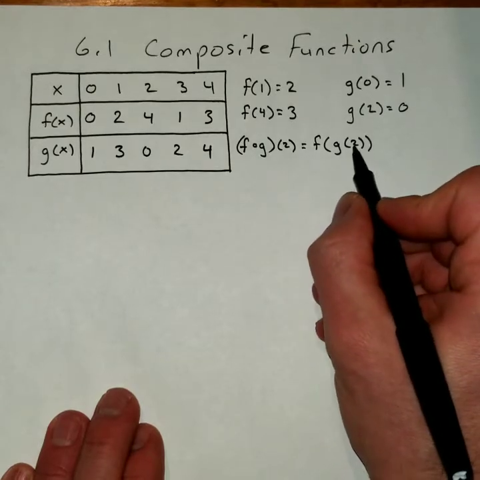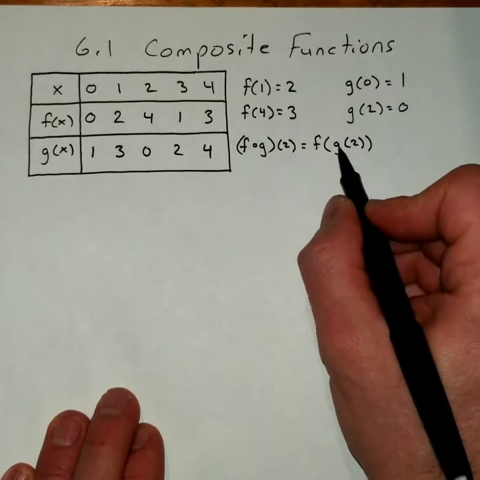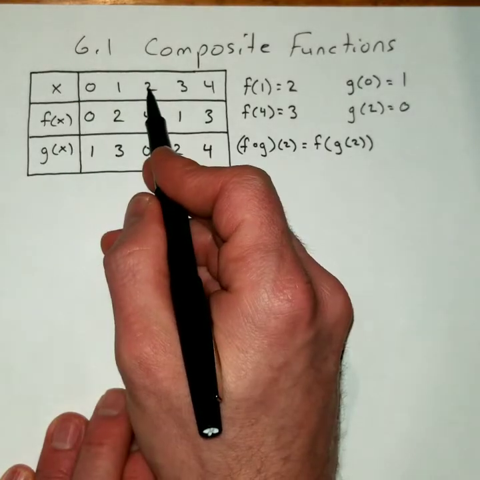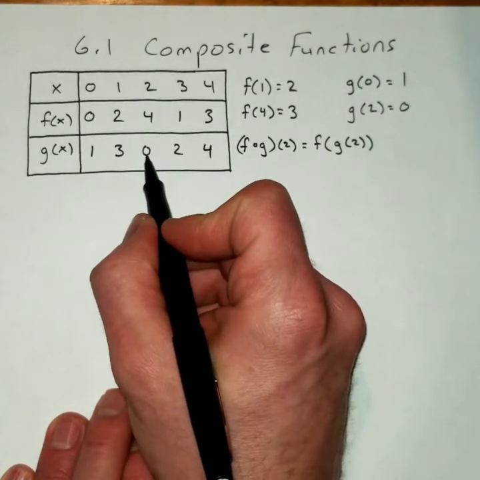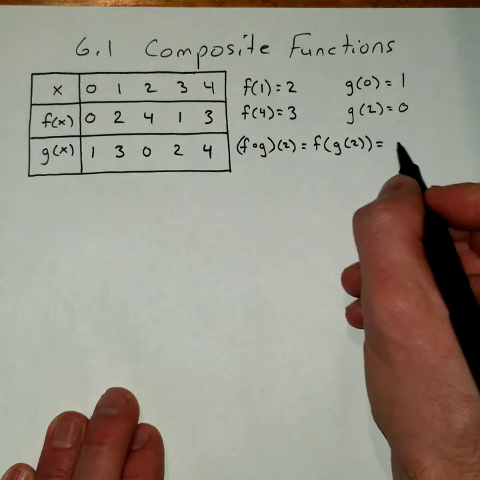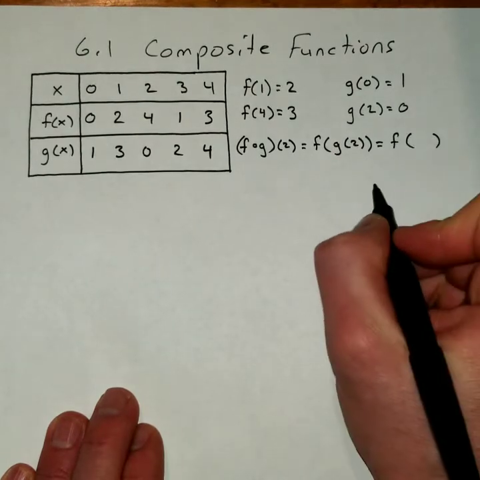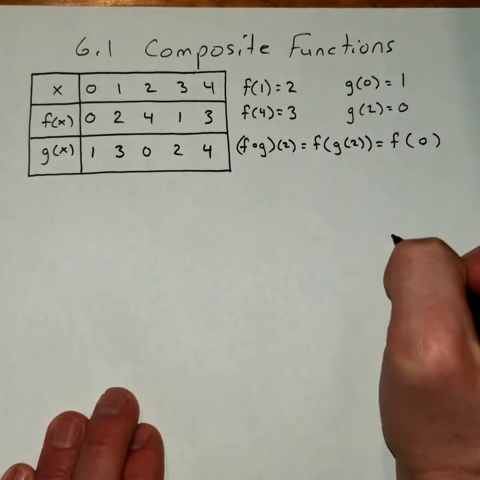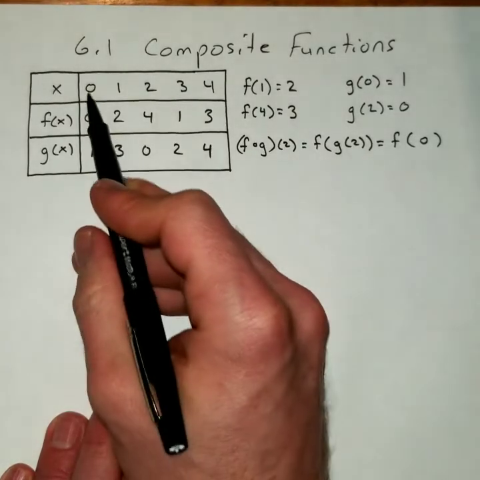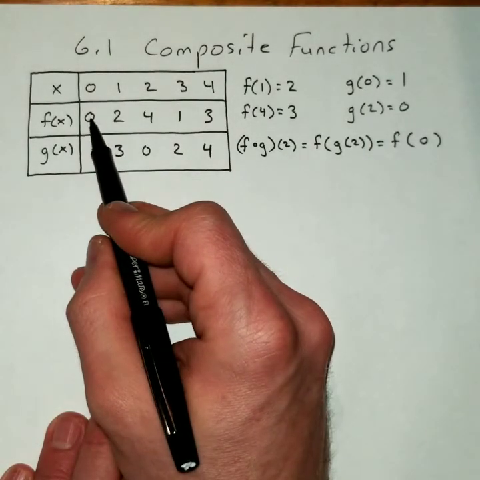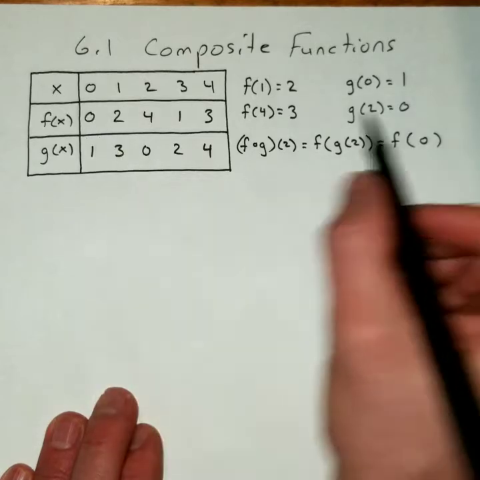Okay, 2 is the input to g. So we go to 2 in the x row and the output is 0. So we have f of 0. And of course, if we look at 0 as the input, f of 0 is 0. The output is 0.